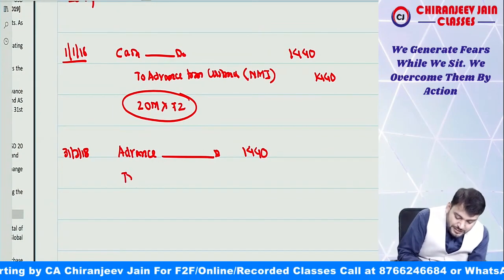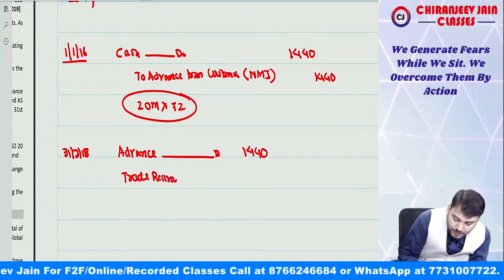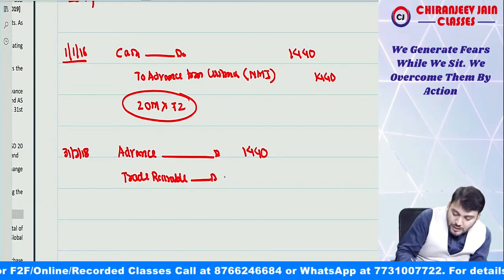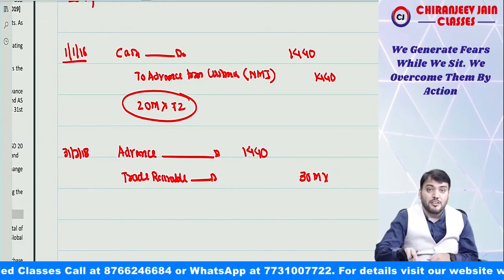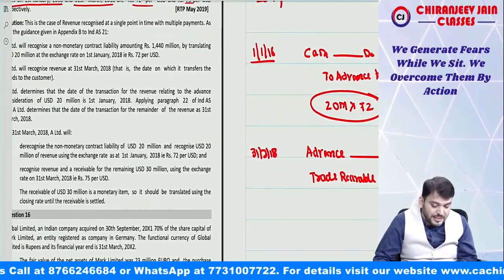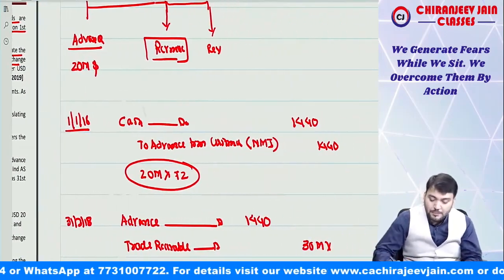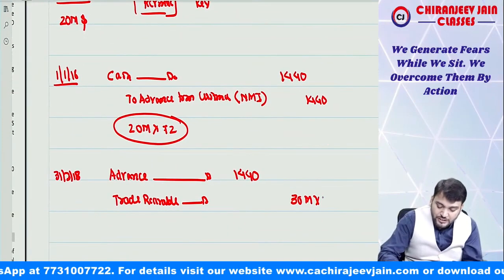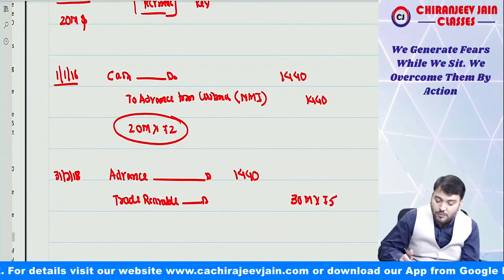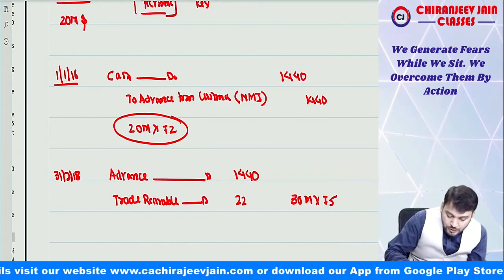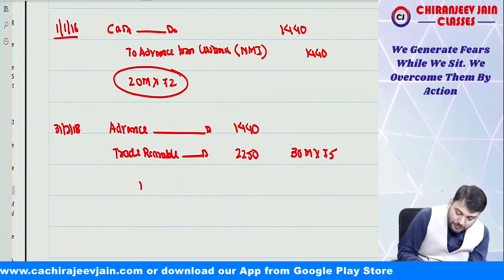But we have trade receivable also, of 30 million, as per the exchange rate of this date. The exchange rate of this date is 75. So 30 into 75 is equal to 2250. I hope you have understood. To revenue.